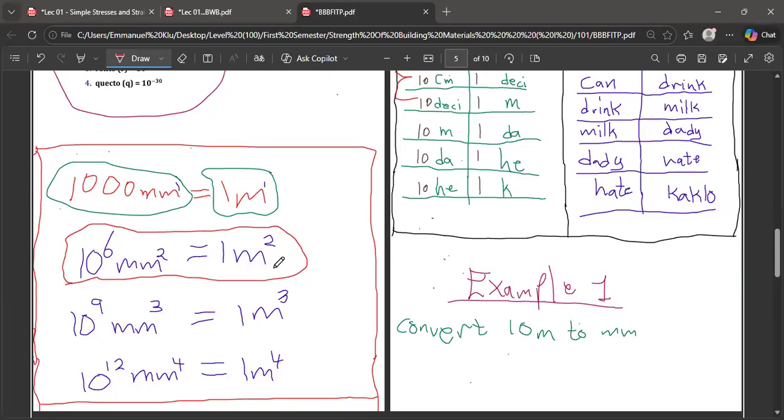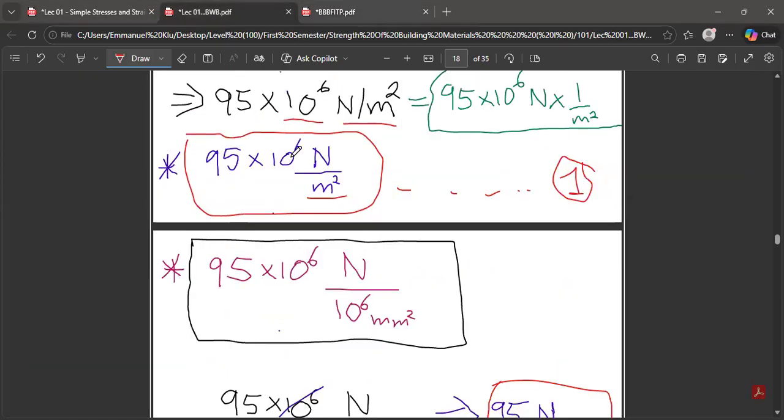If A is equal to B, then it means that B is also equal to A, right? So in place of 1 meter squared, I can put 10 exponent 6 millimeter squared over there. That is why from equation 1, we came to get equation 2, if you can see clearly.